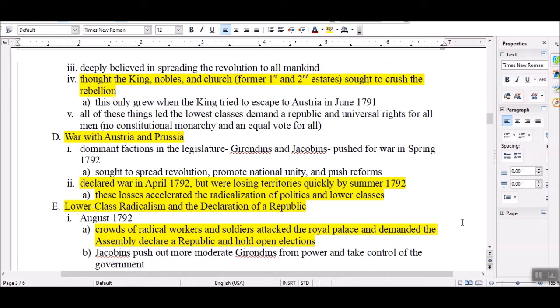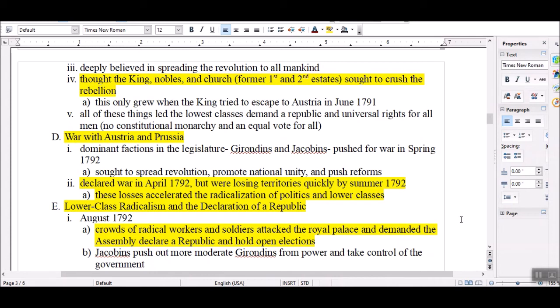But the idea of what the Americans had just done with forming a republic was inspiring to the French. And not only that, they wanted to go even further and give the vote to everyone. This is overall going to put some pressure on those who are currently in power.